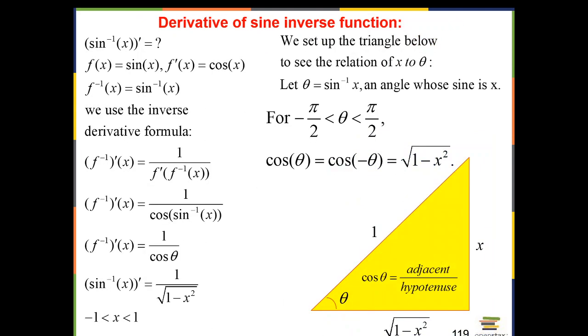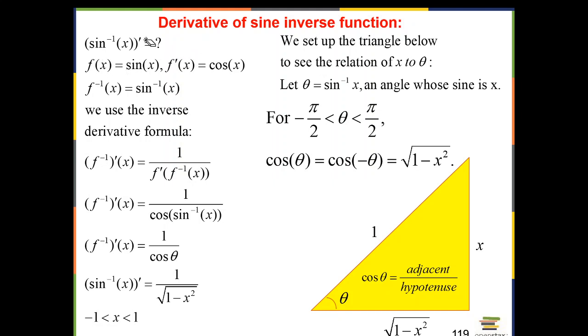All right, now one of the reasons we like this idea of inverse is that we can find the derivative of inverse trigonometric functions. Remember that trig functions have inverses: sine, cosine, tangent, secant, cosecant, cotangent, they all have inverses. So what we do is this.